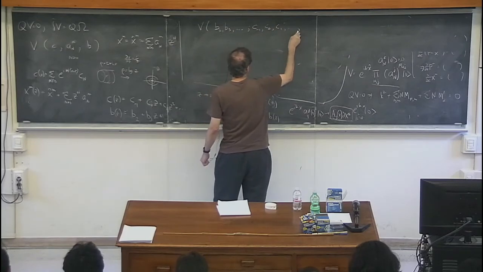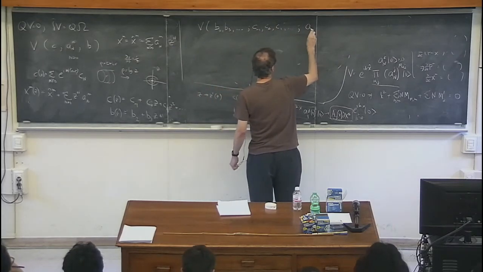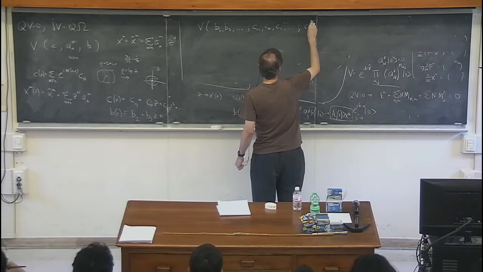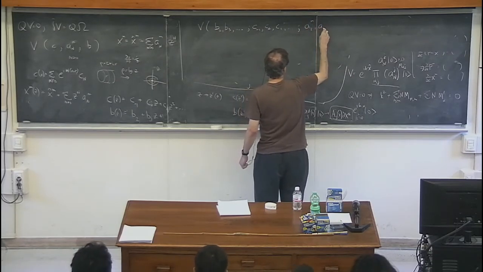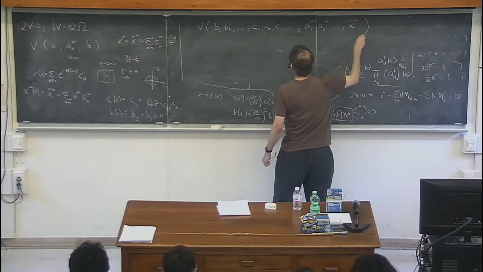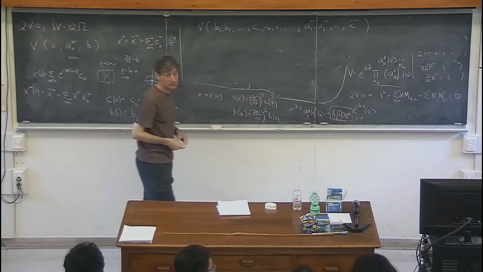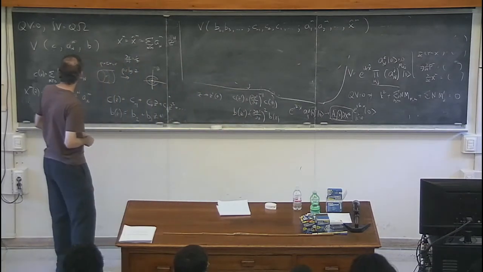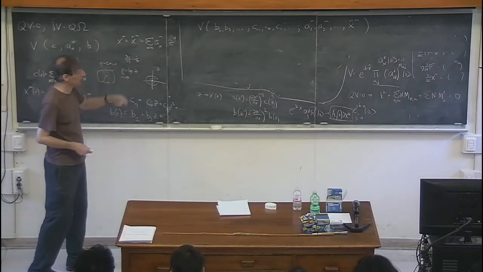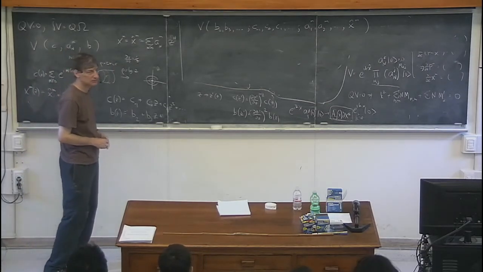It depends on all the A's, so A1, M, and finally it depends on the X hats. So these are all the fields it can depend on. I've just written these things in terms of the modes, which I'm calling the coordinates. The other ones would be the annihilation operators.